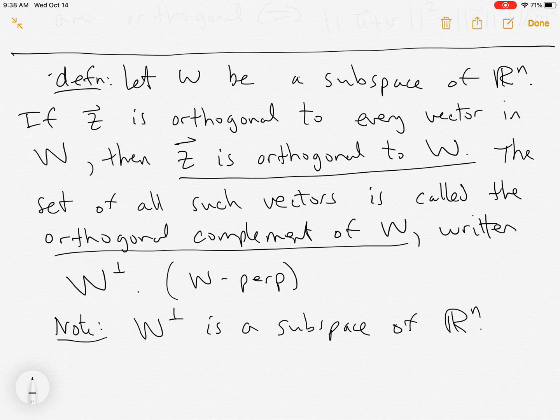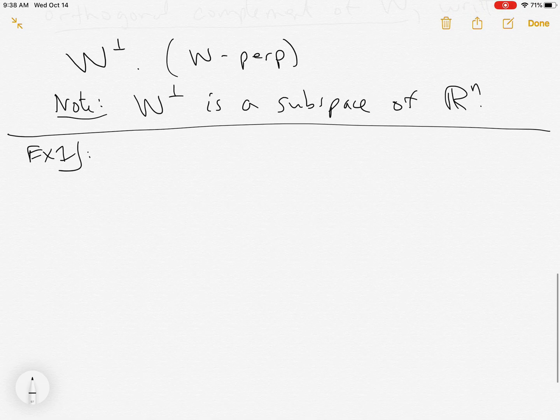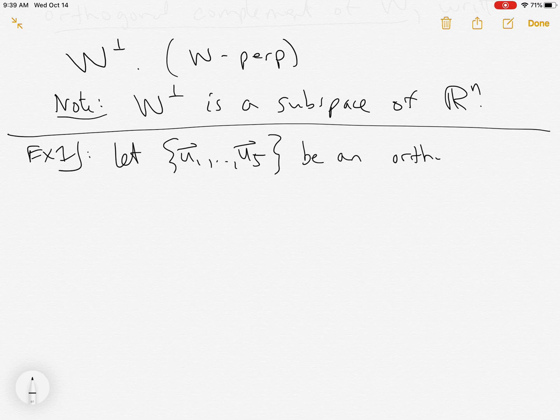Okay. So here is example 1. Hopefully this gives you an idea of what's going on with W perp and W. It's an example, but it's also very general. So we're going to let u1 down to u5 be an orthogonal basis for R5.